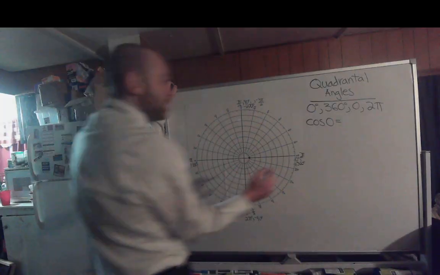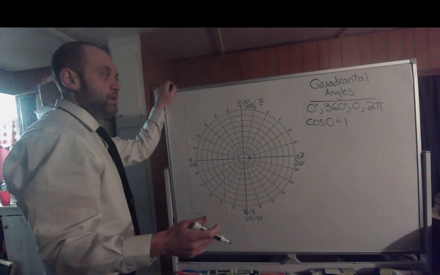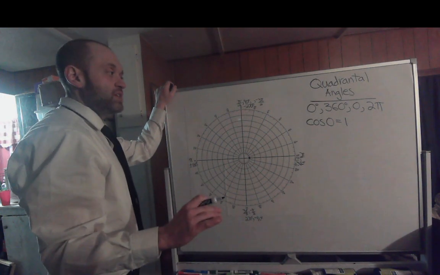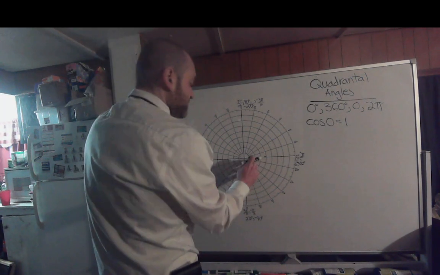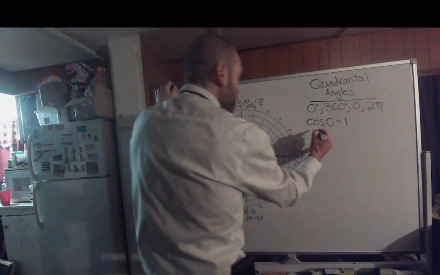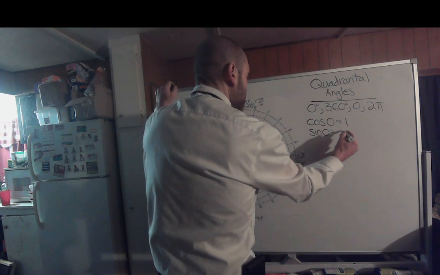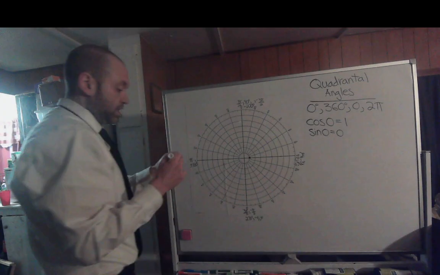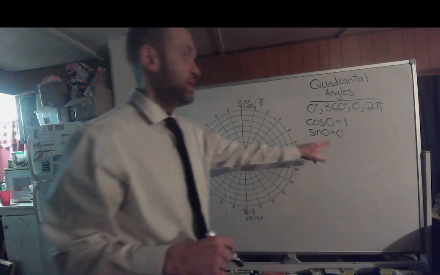So the cosine of 0 is going to have a value of 1. So the cosine of 0 will always be 1. Now, your sine is your y. You're not going anywhere in the y direction, so your sine of 0 is going to be 0. So the cosine of 0 is 1, the sine of 0 is 0.